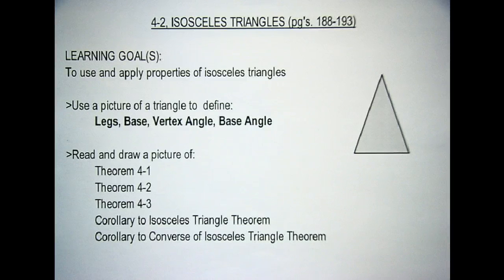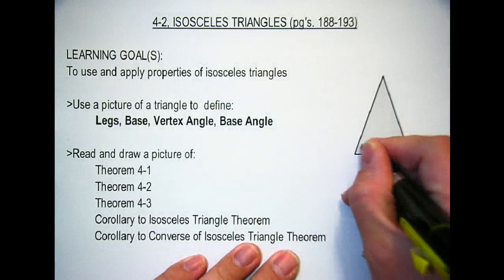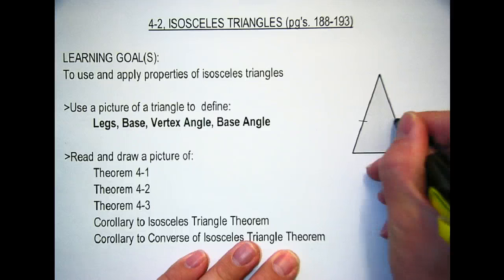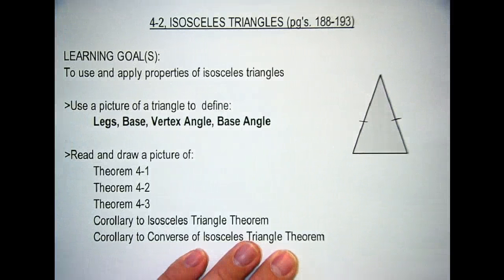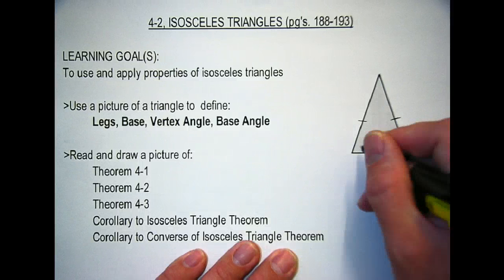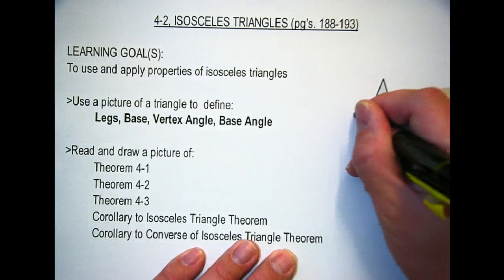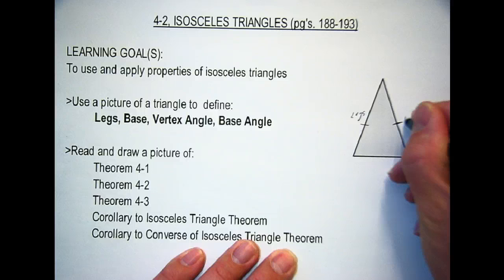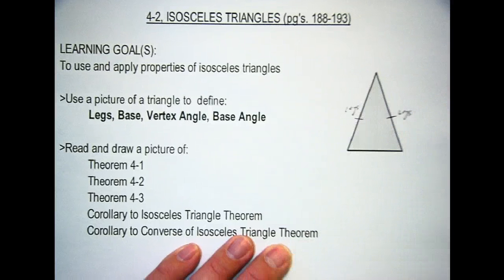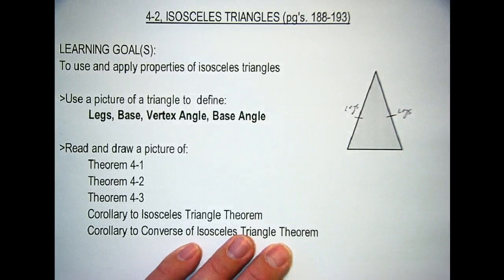All right. Picture of a triangle to define. So isosceles triangle. These right here, the sides of an isosceles triangle that are congruent every time, what are those called? What are these things called? Oh, the legs. These are called legs, okay?